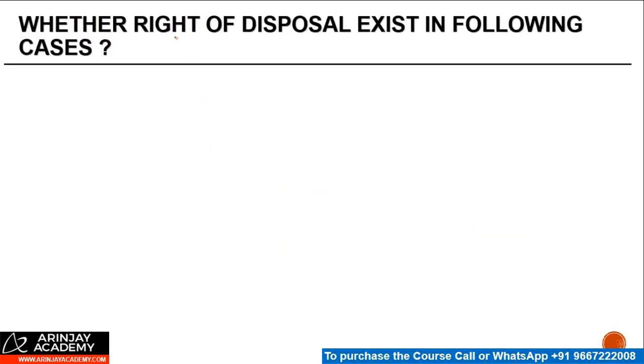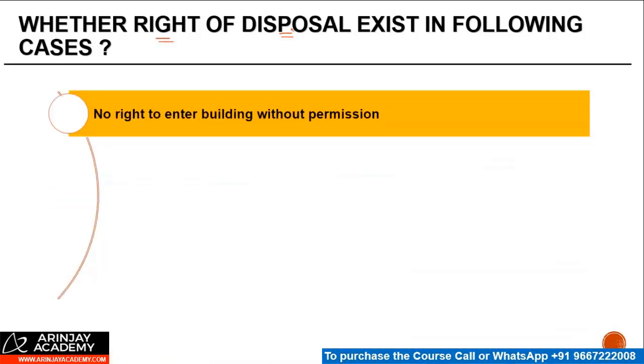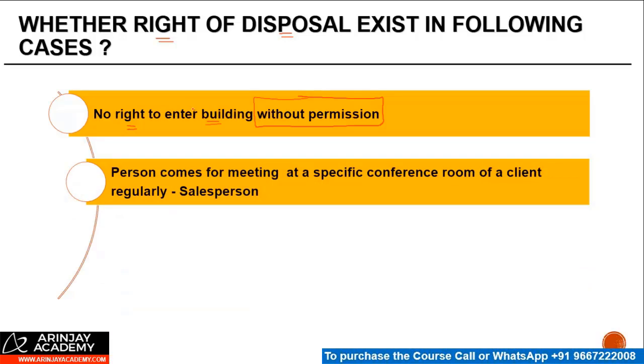Before we move forward, let us just examine the right of disposal in some examples. So if the foreign company, employee or consultants do not have a right to enter into the building without permission, we cannot say that the building or the office for that matter is at their disposal.